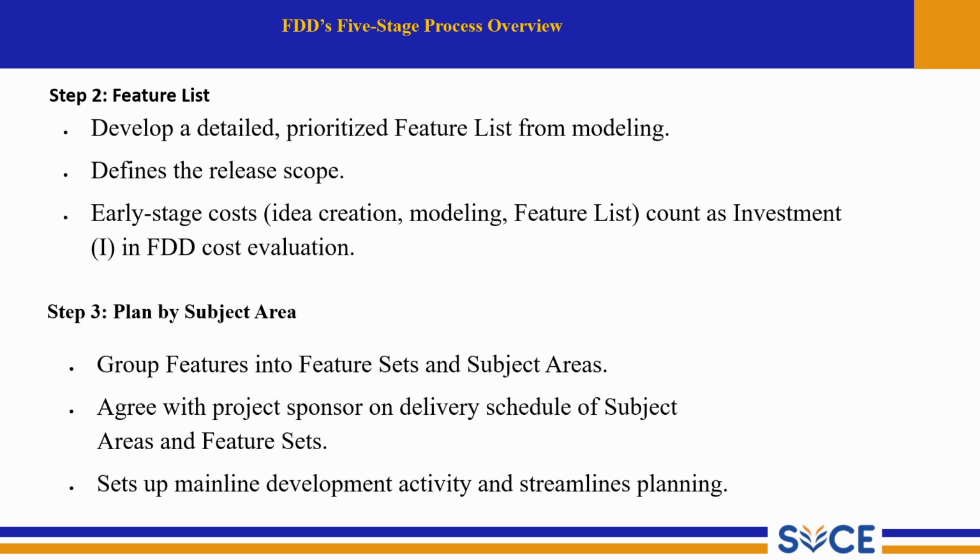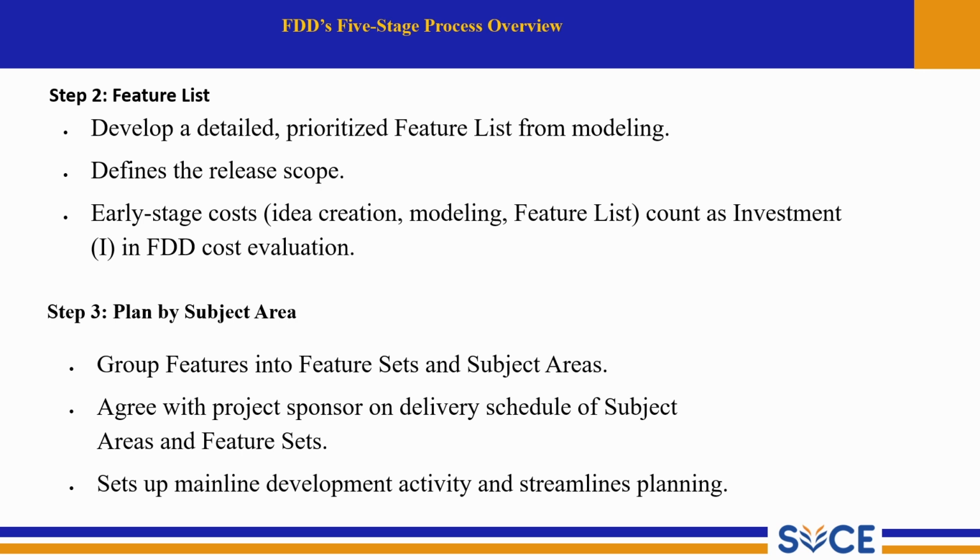Next point, it sets up the mainline development activity and streamlines planning. That is, this step creates a clear schedule for development, avoiding confusion and keeping the project on track.